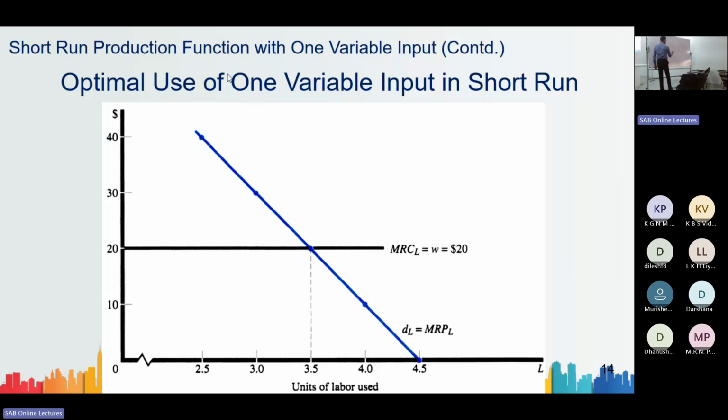So when marginal revenue product of labor is equal to marginal resource cost of labor, that is where we find the optimum level of the variable input in the short run. This is the price of output, and marginal resource cost of labor is simply the wage rate.